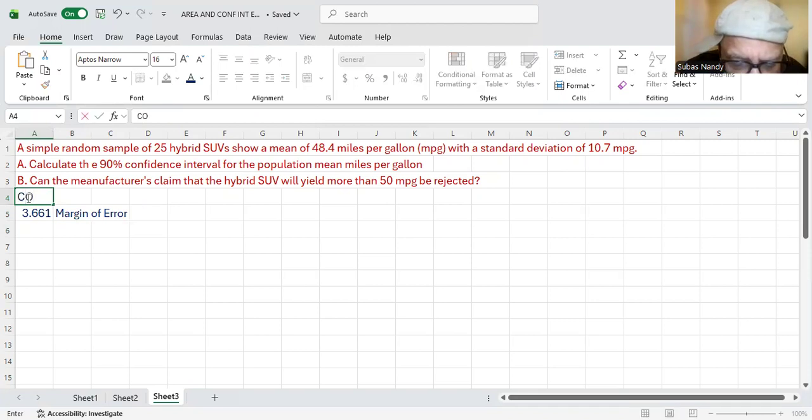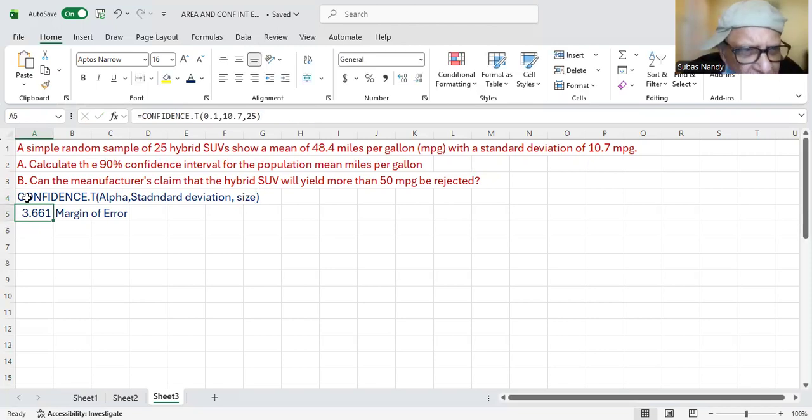Confidence.T in parenthesis your alpha, which is the opposite or complement of level of confidence, comma, standard deviation, comma, sample size. That is the formula that I used.